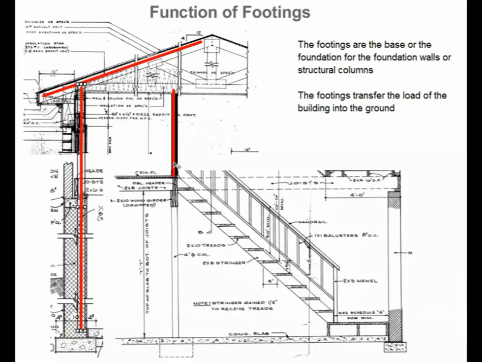It is also distributed through the pipe columns that are in the foundation, and the load will ultimately be distributed through the footings into the ground. So the function of the footings is to distribute the load of the building through the foundation walls into the ground.